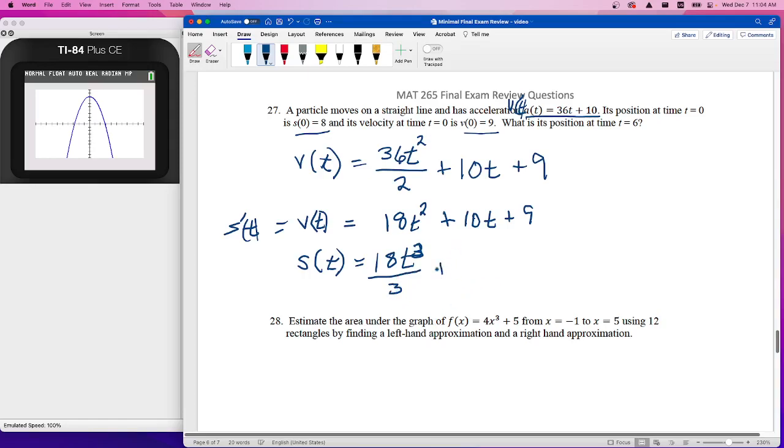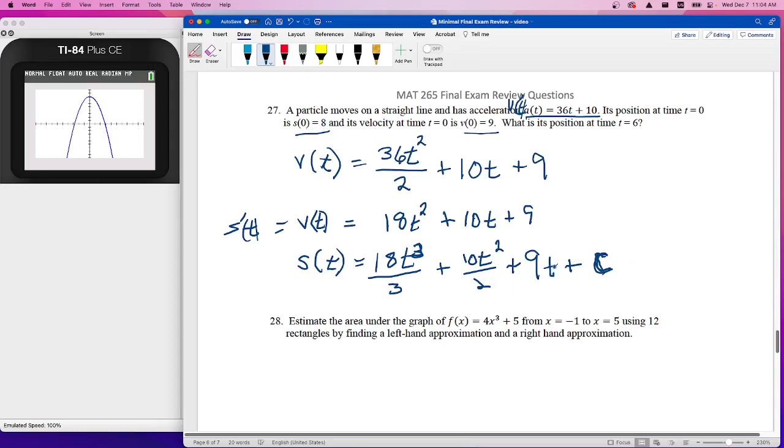Take t, add 1 to the exponent. We're going to get 2. Divide by that new exponent. 9t squared over 2, plus a constant when you take the antiderivative. And again, at time 0, s of 0 is equal to 8.